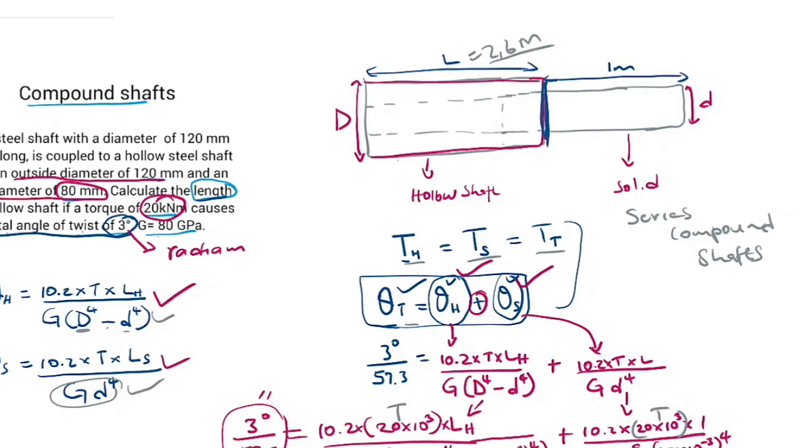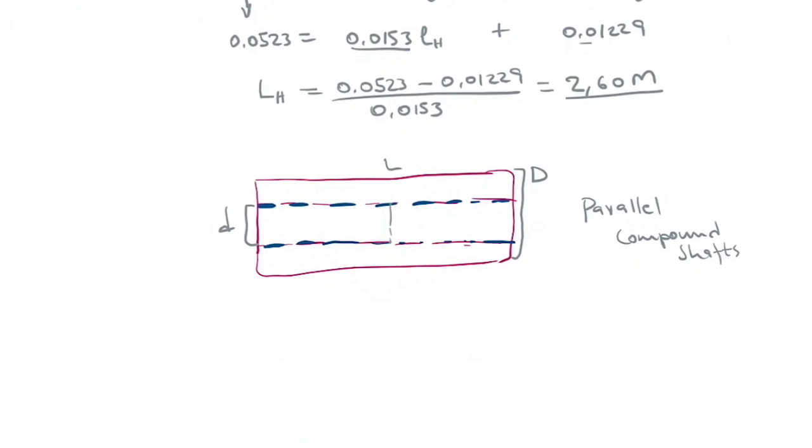Here, it's not the same as the series part that we're calculating here. Here, the torques are not the same. The total torque is the torque for the hollow shaft plus the torque for the solid part. But the angle of twist is the same for the hollow shaft and the same for the solid shaft.